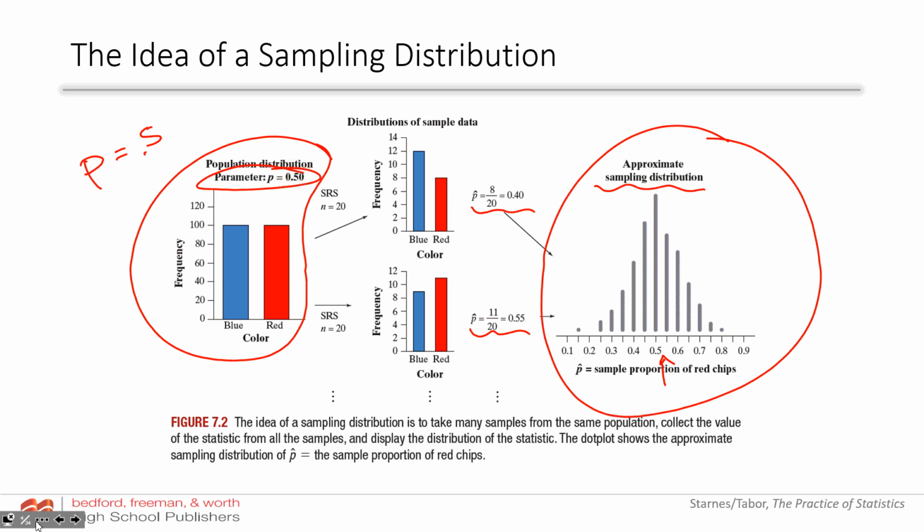A whole bunch of them were exactly 50%. Some of them were a little more or less, like 55 or 45%. Then you had some that were like 60 or 40%. And you did have some that were as little as 15% or 25% or as much as 80% red, but that didn't really happen that often. So the shape of this sampling distribution should hopefully make sense to you.